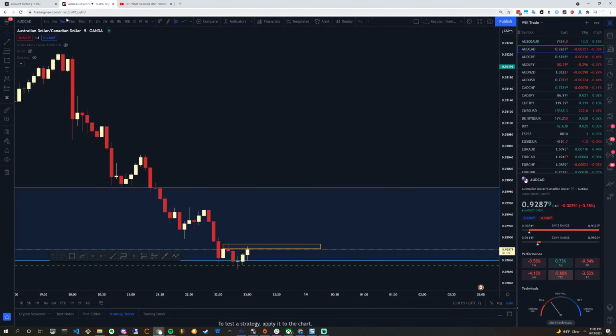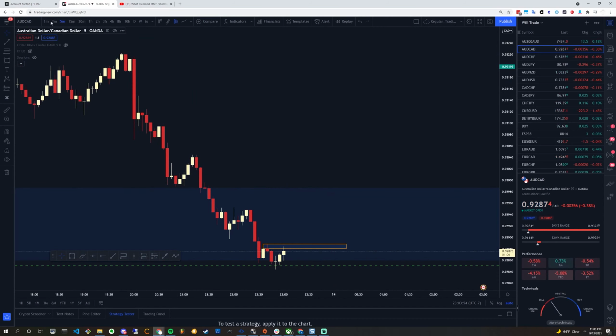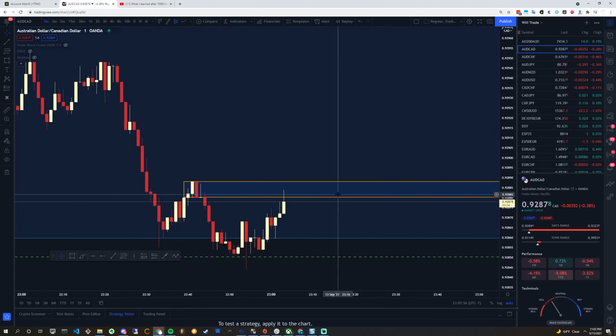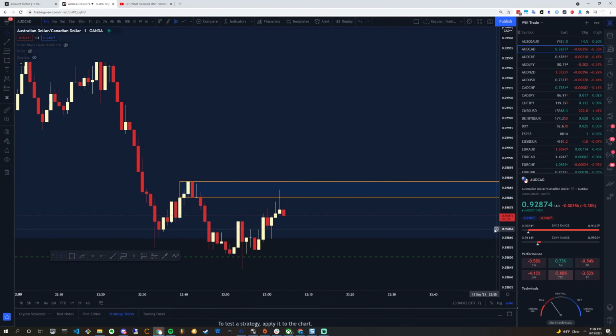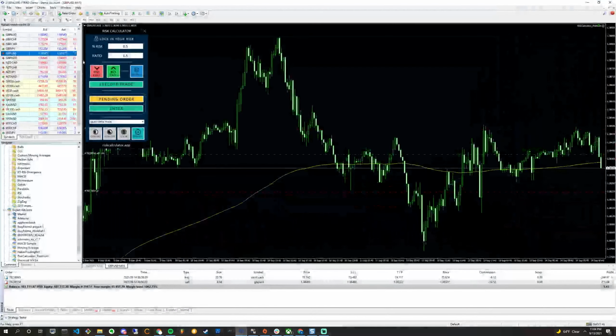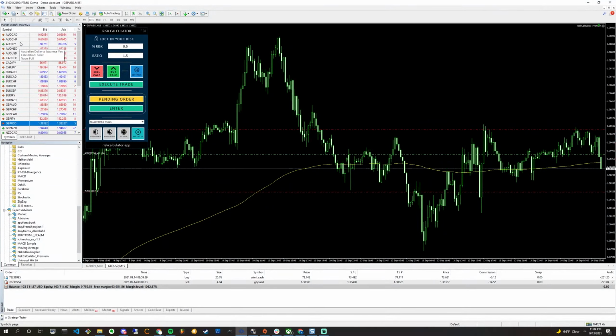Okay, Aussie CAD. Now this looks a little bit better than everything else. Let's go to the 1 minute. If we fail to break this, I will enter. If that holds, I'll enter. This is a 1 minute time frame, so on the 5 minute it looks like this. So I'm gonna flip over to Aussie CAD right now, and we can see exactly what's going on.